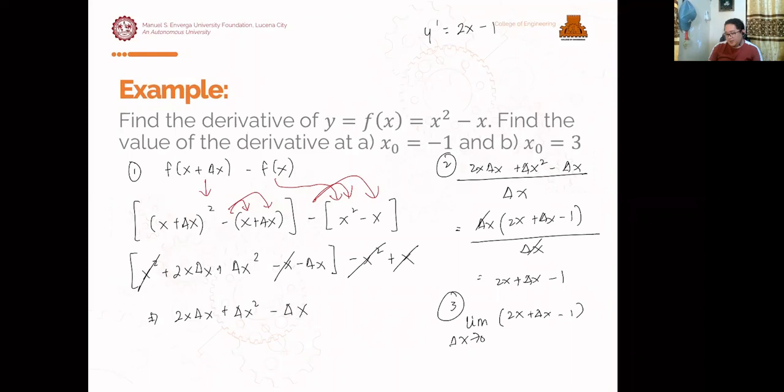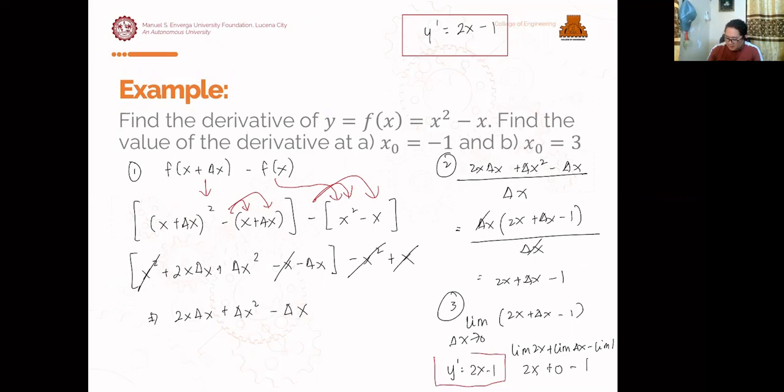So this will be limit of 2x plus limit of delta x minus limit of 1. Pero dito, since delta x yung nakalimit natin sa ilalim, all other terms na walang delta x treated as constant. So, ang limit ng constant is the constant itself. So, this will be 2x. Then ito, magiging 0 minus 1. So, yung derivative natin will be equals to 2x minus 1, which is the same nitong given natin sa taas na pinredict natin na magiging derivative ng function natin.